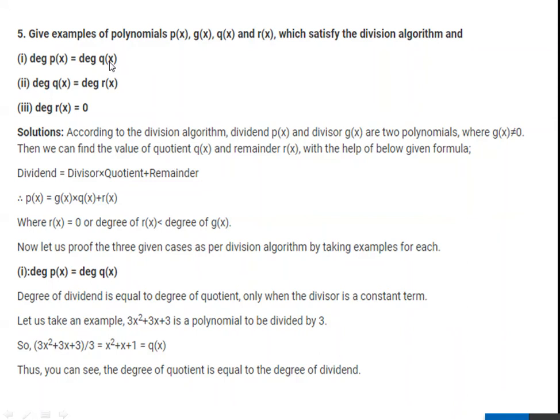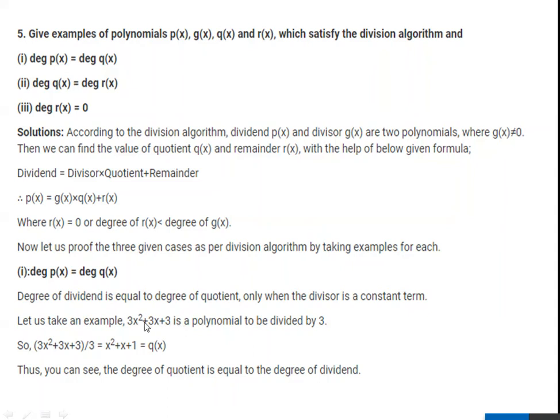P of x is the dividend, q of x is the quotient. So degree of the dividend should be equal to degree of the quotient. There is only one condition, only when the divisor is a constant term. Degree of dividend is equal to degree of quotient only when the divisor is a constant term. Clear? So how will you write an example?